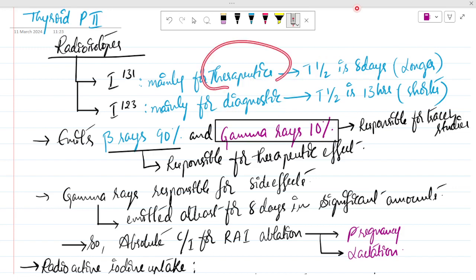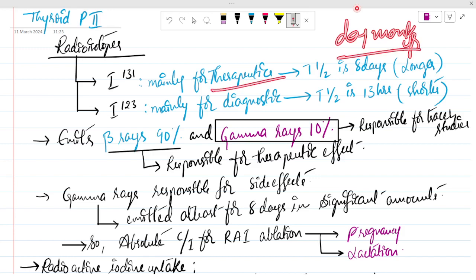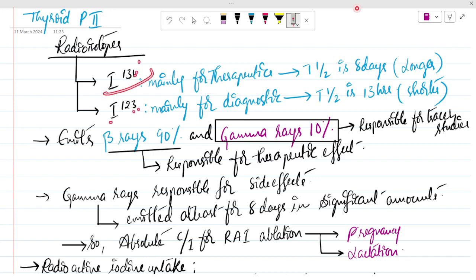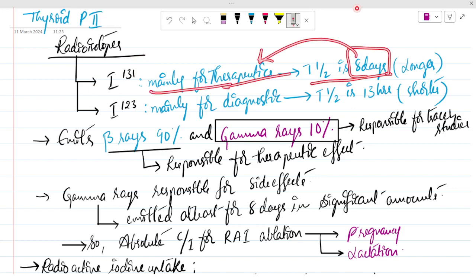But therapy is something which we do for days, months, sometimes even for years. So of iodine 131 and iodine 123, iodine 131 has the longer half-life, 8 days, so it is mainly used for therapy.